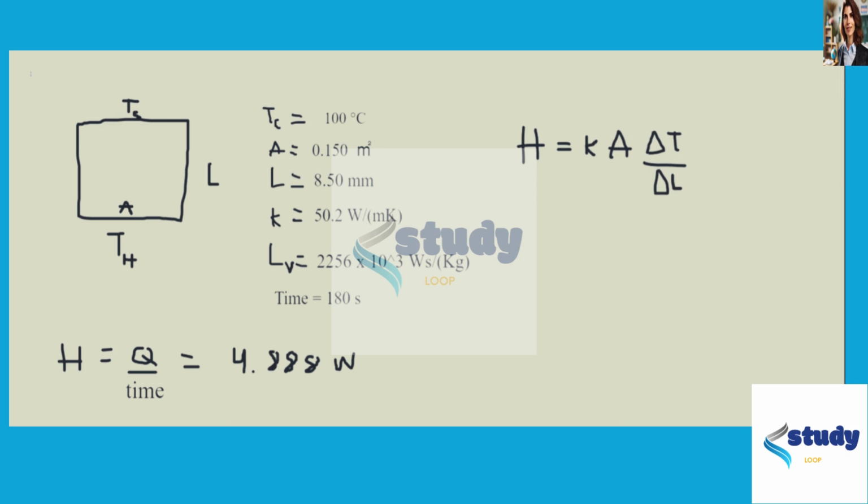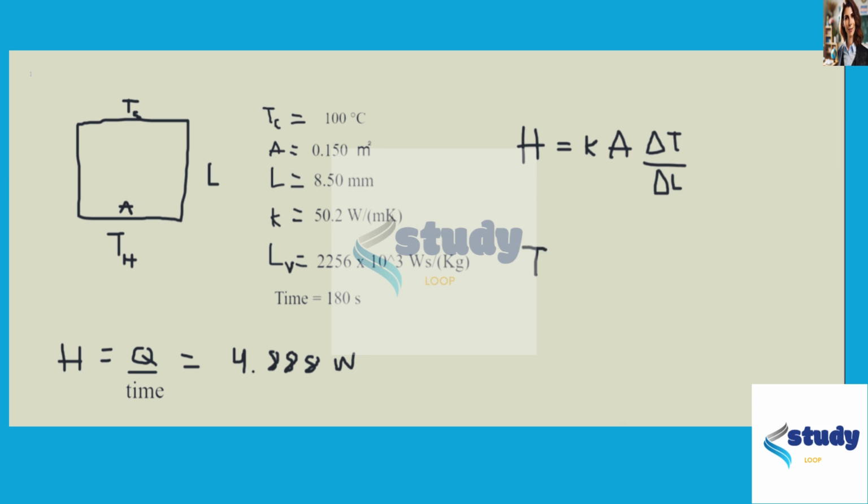We know delta T. We don't know delta T actually. We just know the final temperature. We don't know the initial one, and we just need to solve this equation in terms of delta T.